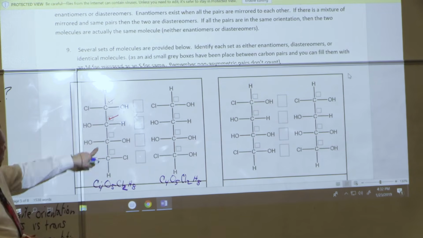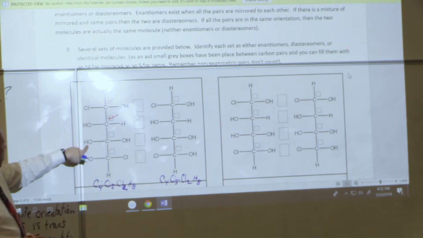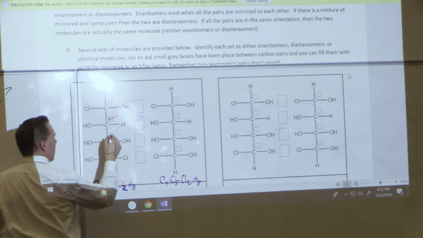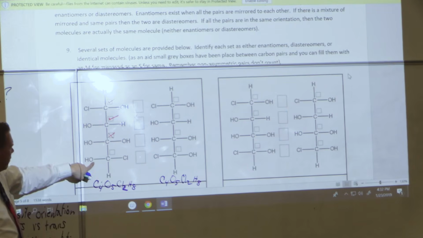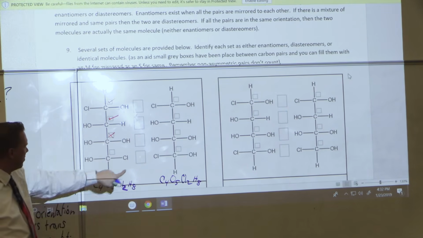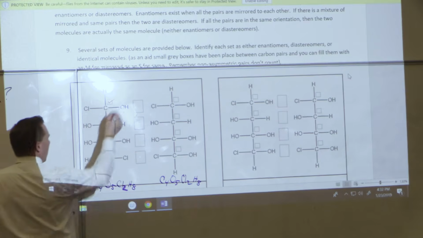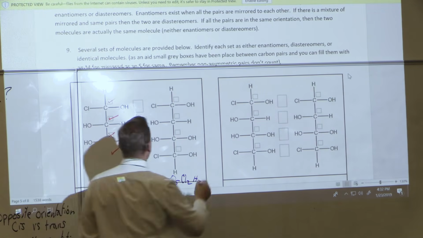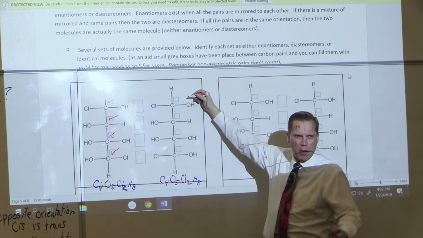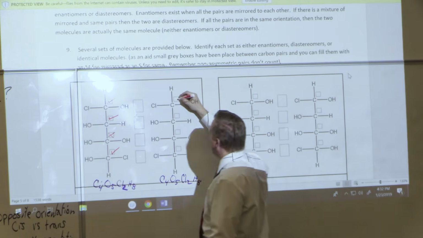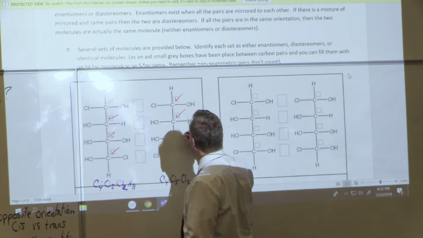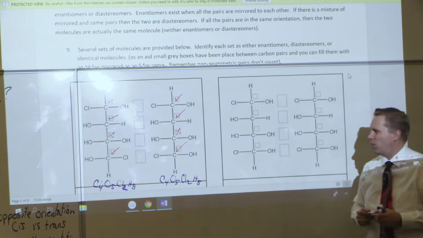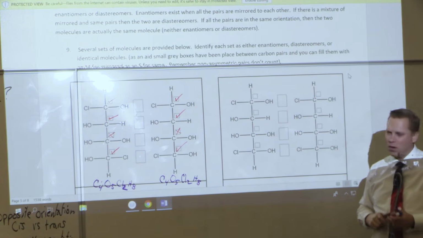Asymmetric. This one, I've got an OH, I've got an OH. Those are the same. And right here, I've got OH, Cl, H, and then a big group up here. Those are different. Since I already determined that they had the same bond pattern in the previous step, I don't have to redo everything. I can just go ahead and check all those boxes, the same pattern as before.